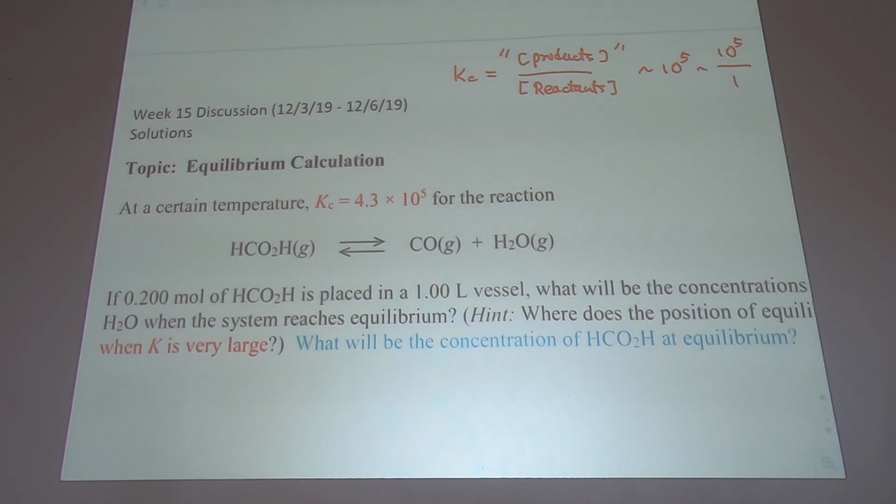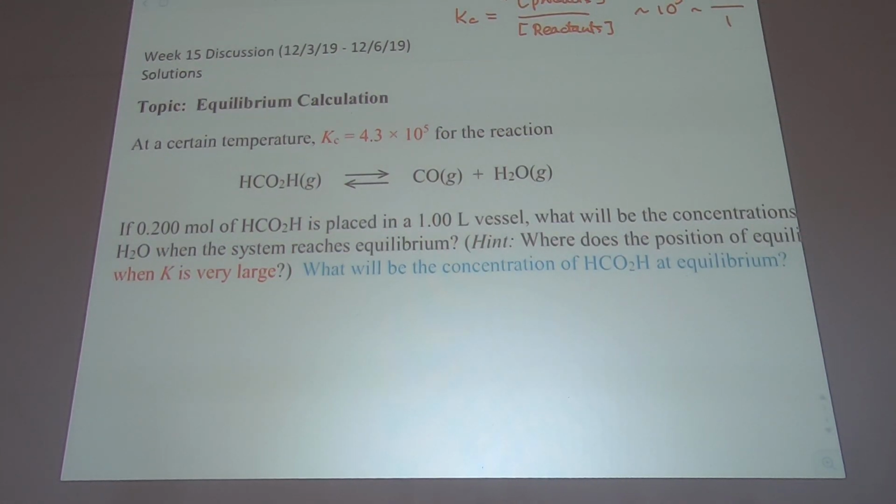And then let's look at the problem. This is an equation for what we call formic acid. You don't have to know the name. This formic acid decomposes into carbon monoxide and water, and they say I put this formic acid, 0.2 moles in 1 liter, so 0.2 big M molar concentration.